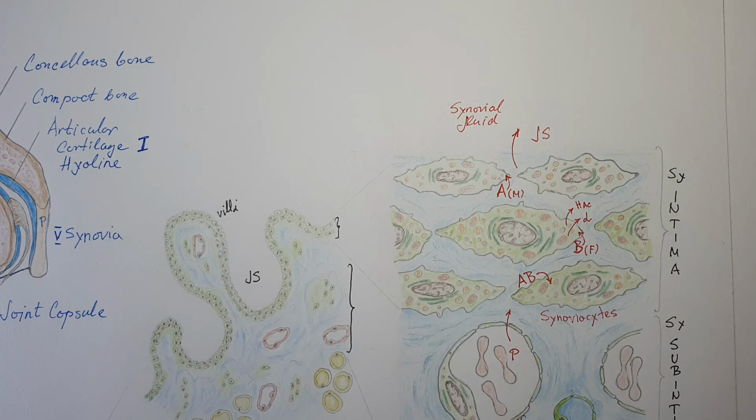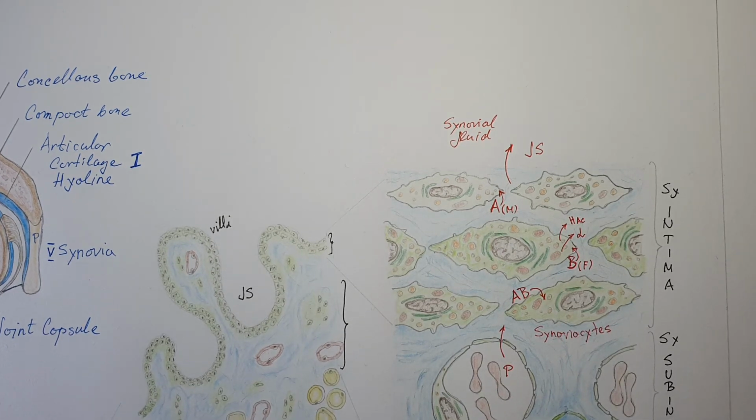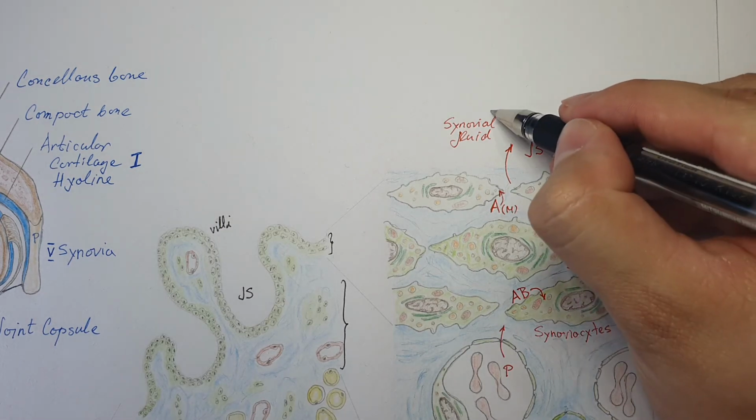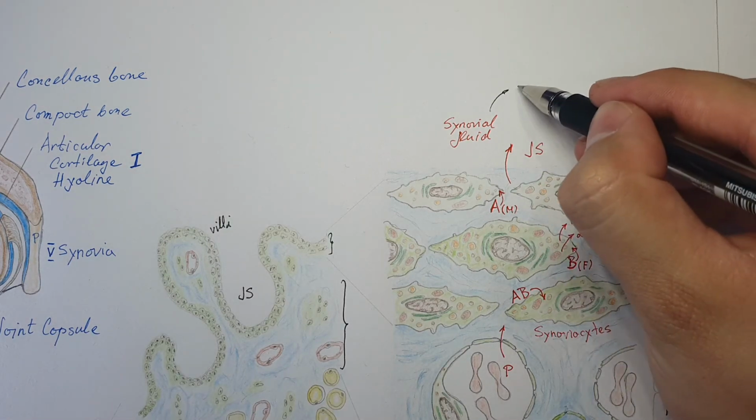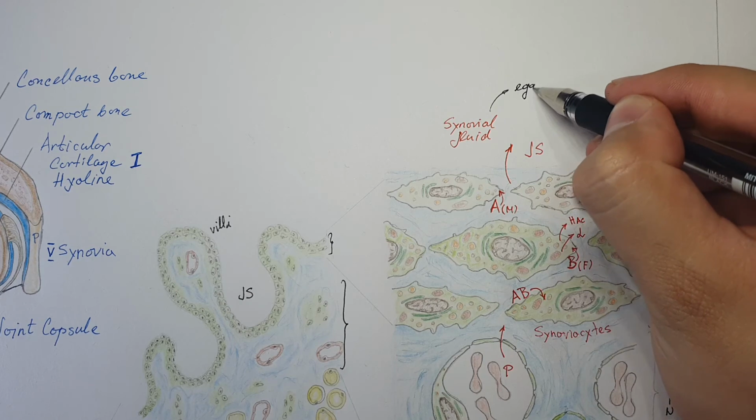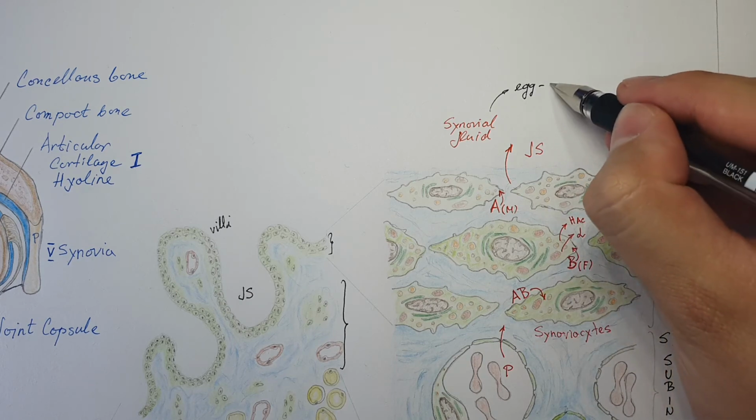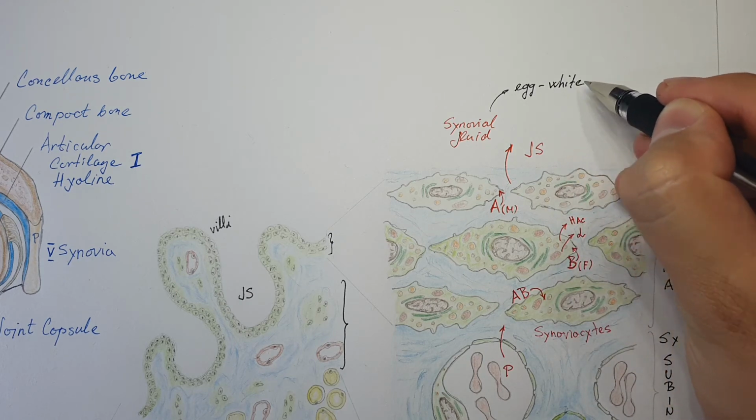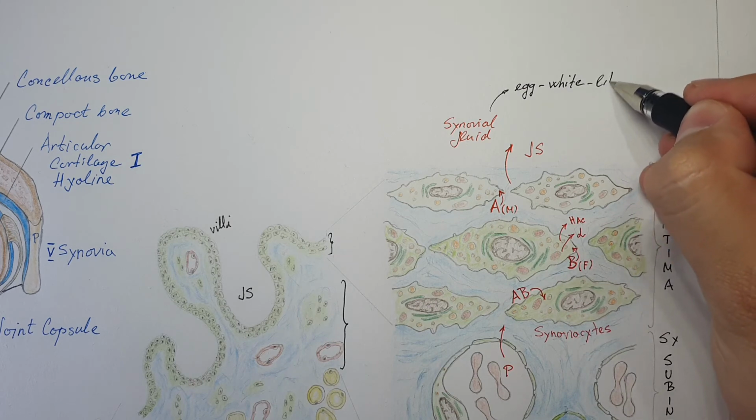So the synovial fluid is a fluid that looks like egg white. It has this egg white appearance, and maybe it is a little bit yellowish in color, but it actually is colorless.